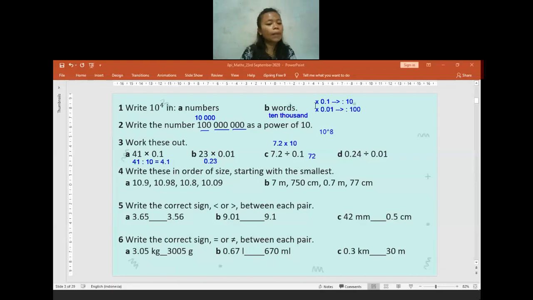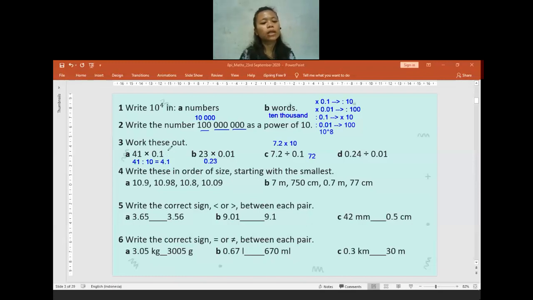So later on, if you divide any number by 0.1, it will be the same thing as multiplying the number by 10. If you divide the number by 0.01, it will be the same as multiplying the number by 100. If you still do not understand how to get it, maybe you need to change the number into a fraction. So it will be easier.